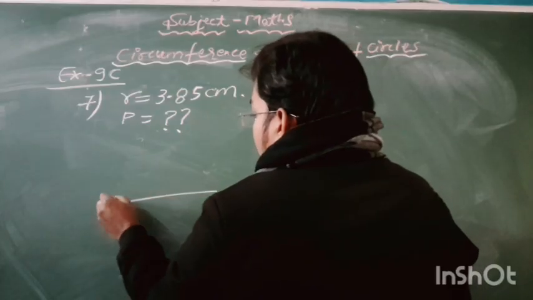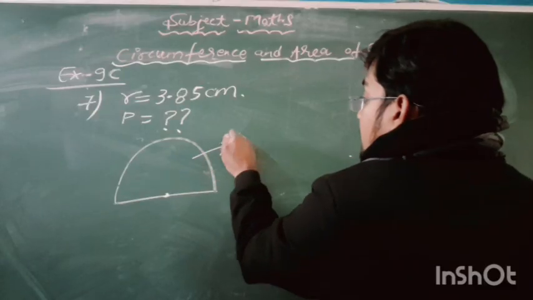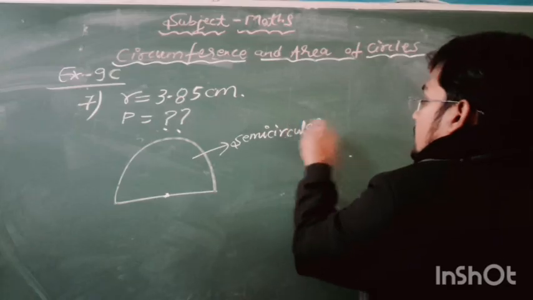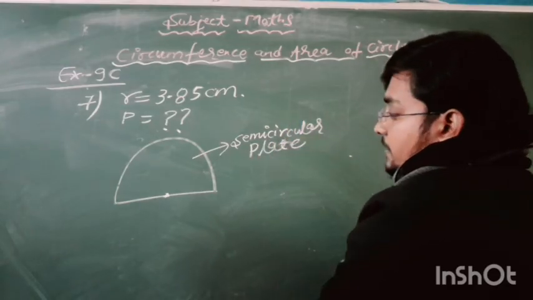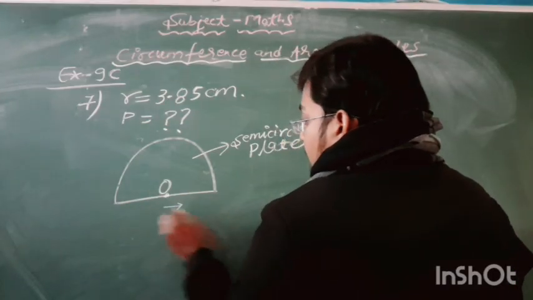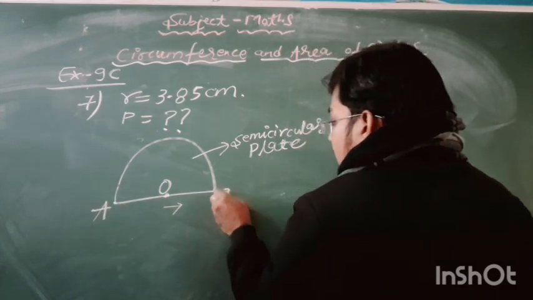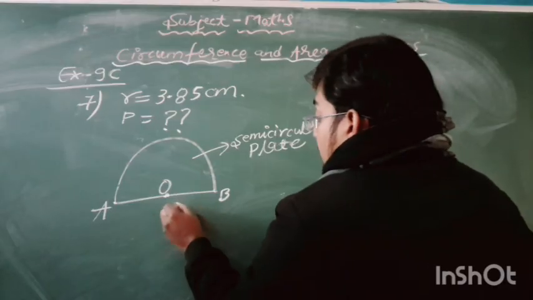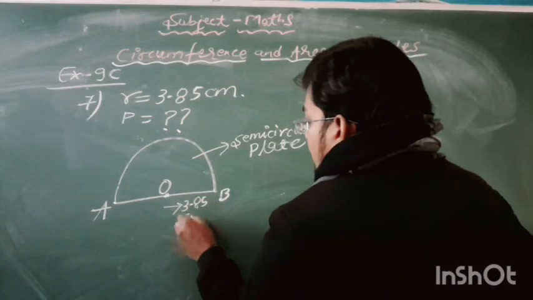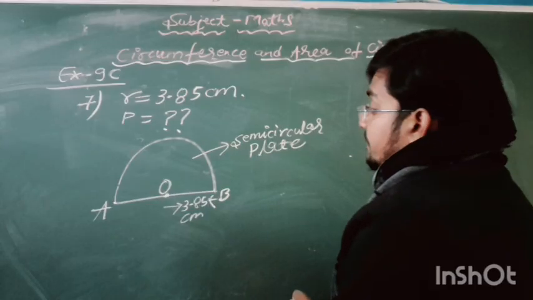Suppose that the semicircular plate is in the form of like this. Here it is the semicircular plate, and its radius is given. Suppose the center is O and one end point is A and the other end point is B. So the radius is 3.85 centimeter, which is OB or OA, both are the same.